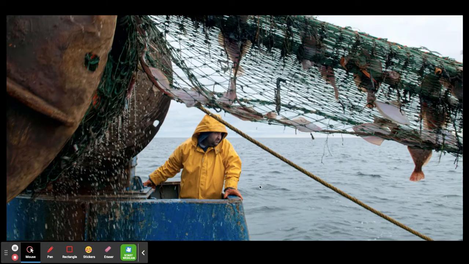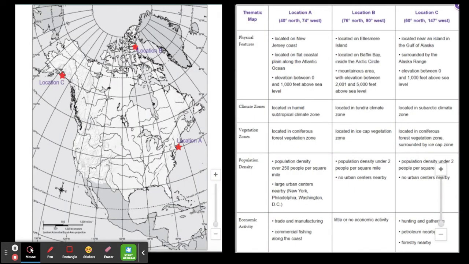When we look at our answers to challenge number 3, I want you to think about which maps might be the most useful when it comes to determining which location this might be.